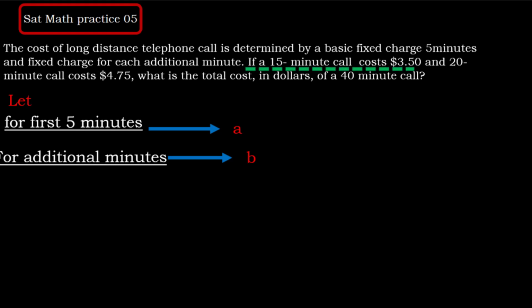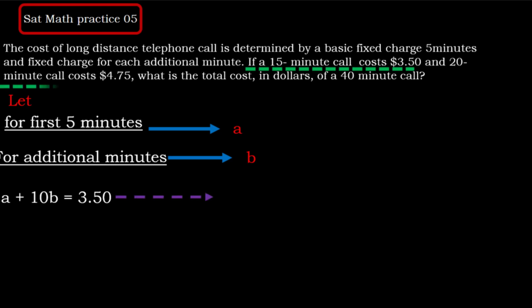Now, a 15-minute call costs $3.50. 15 means 5 plus 10 minutes, so 10 are additional minutes, and A is for the first 5 minutes. So the equation is A plus 10B equals 3.50.